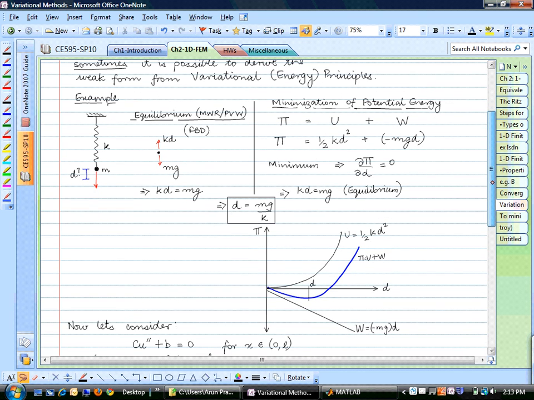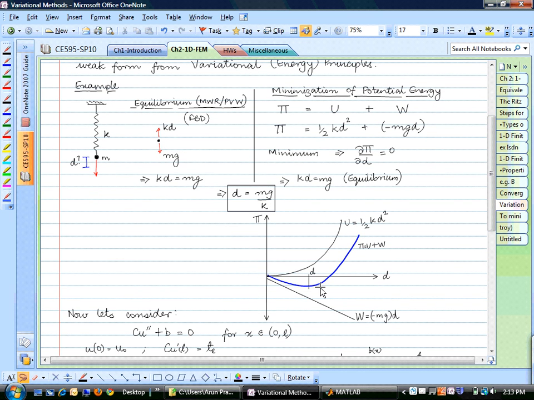So another way to take a look at this is here. I'm plotting the total potential energy with respect to displacement. If I pull this thing down, the energy within the spring, this u, the black line, will increase.